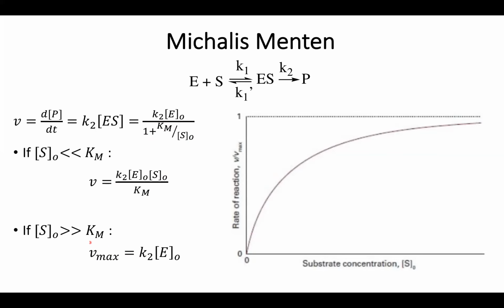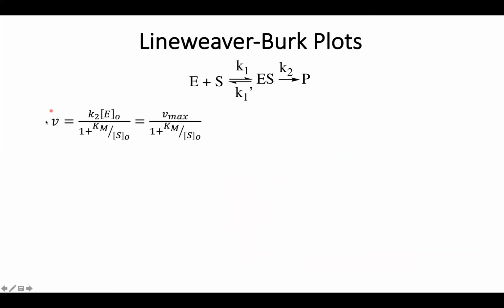So we can also make use of this expression of V max to help simplify my description of the rate. So we can replace K2 times E naught as just V max. So I can give my rate as the maximum rate that this enzyme can accomplish divided by 1 plus the Michaelis constant times the initial amount of substrate.